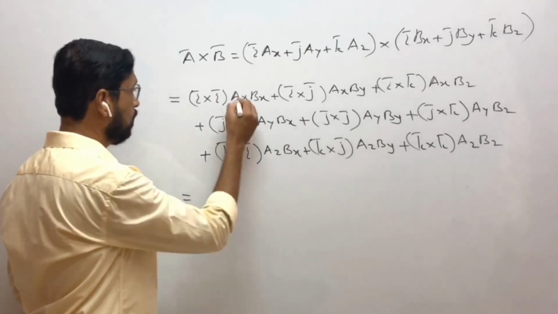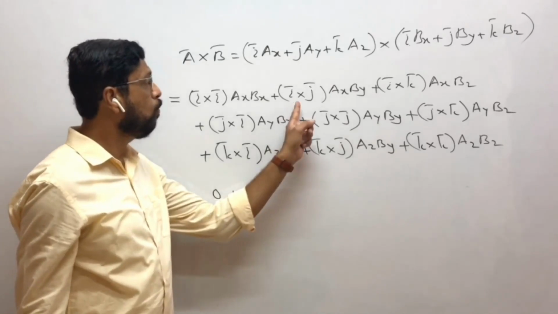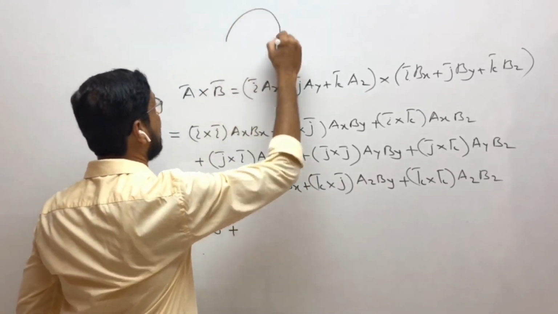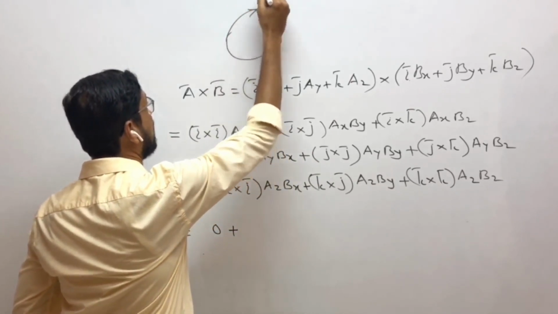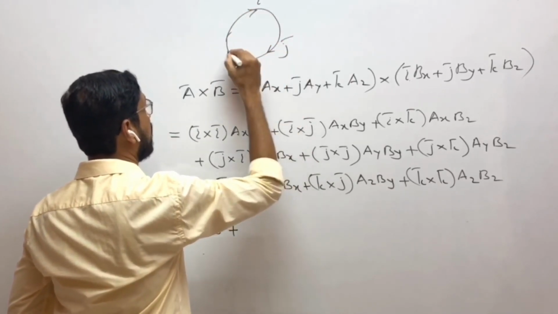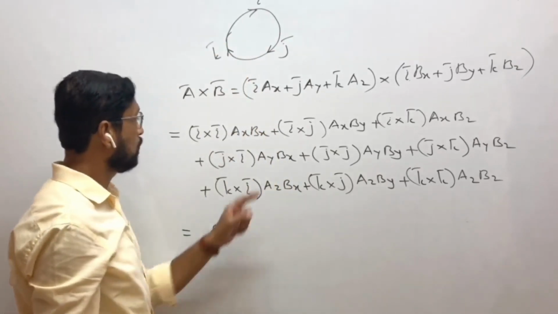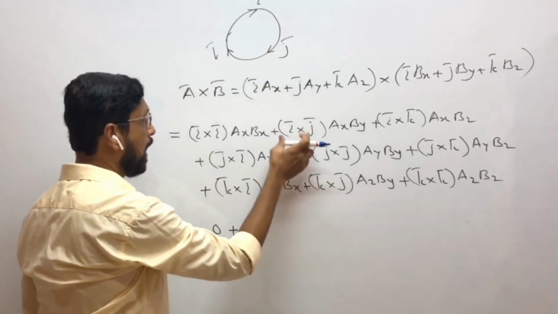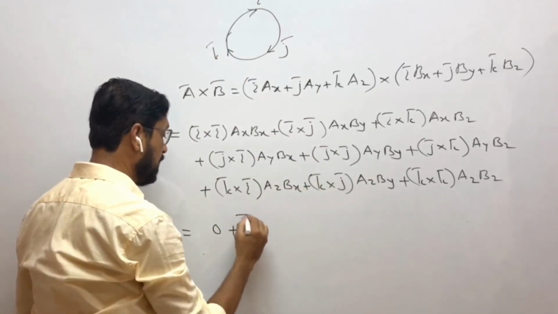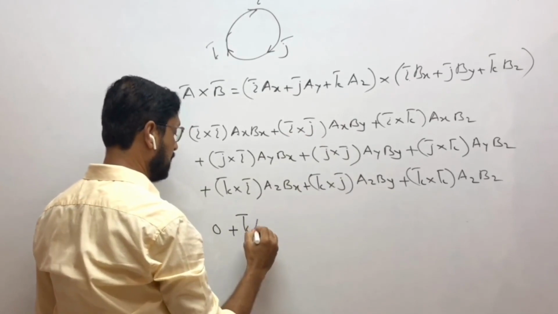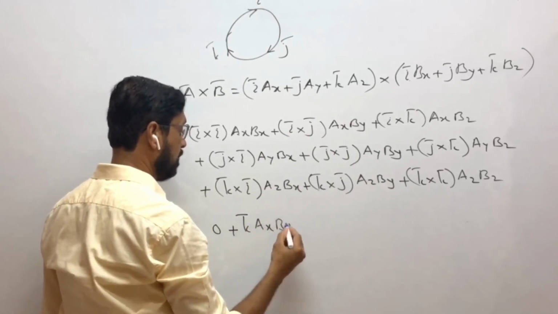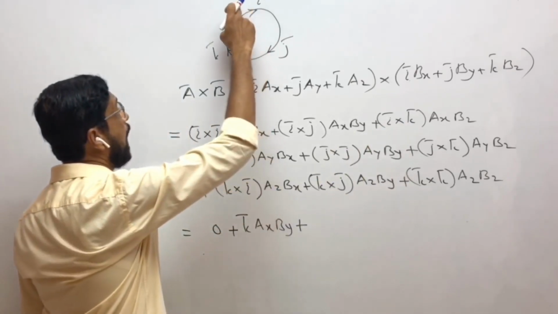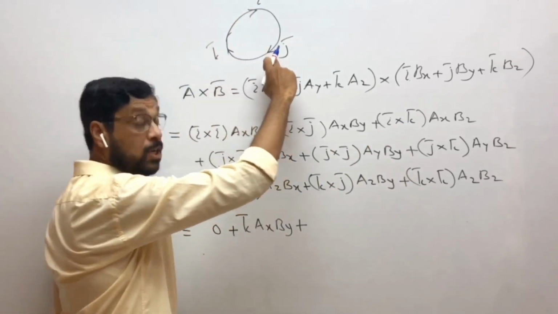So this becomes 0 plus, what is I cross J? For that, you can draw this circle: I, J, K. So I cross J is equal to K. So in place of I cross J, we can write K into AX BY, plus I cross K is equal to what?